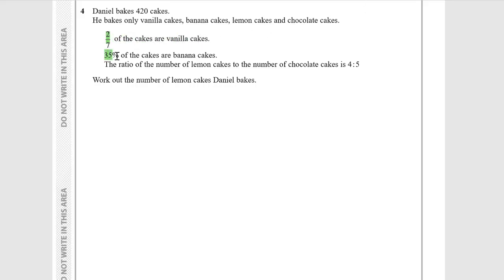Okay, well, we know that 35% are banana cakes, and the ratio of lemon cakes to chocolate cakes is 4 to 5. And so the question is, work out the number of lemon cakes Daniel baked.